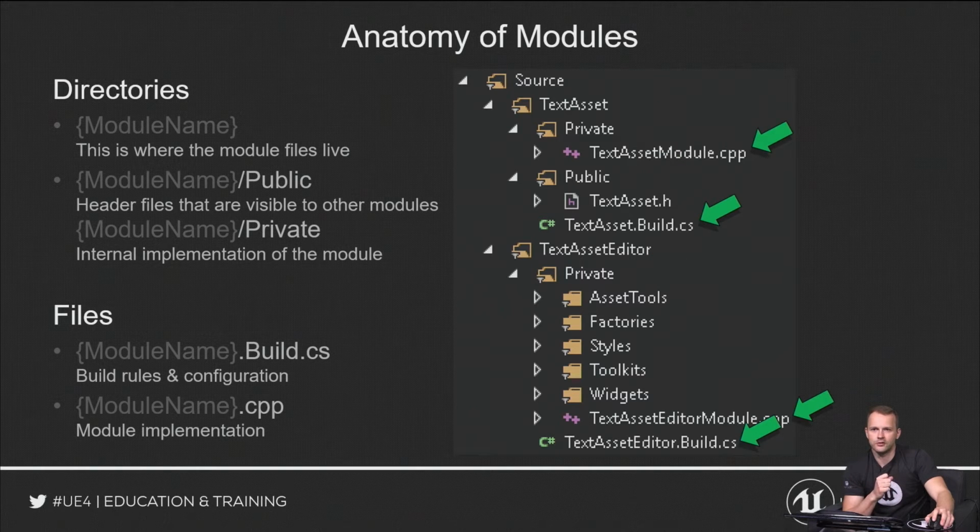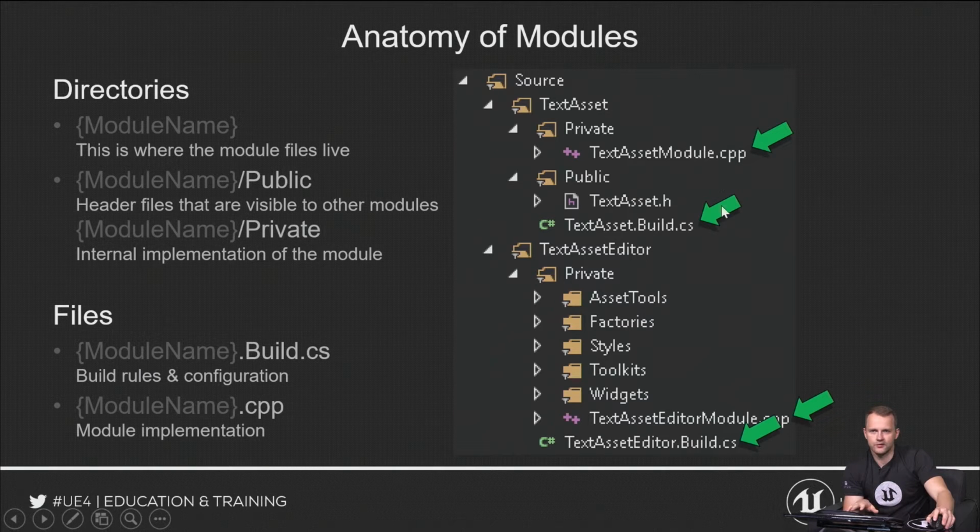And each module also has a module implementation file. That is usually just a small CPP file that declares and implements the module. And then there's also a build.cs file, which tells the compiler how this module is to be compiled.